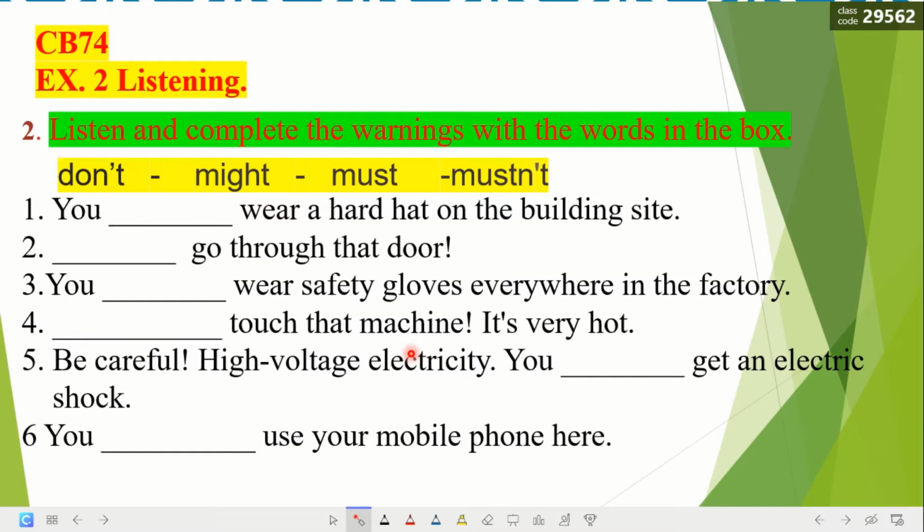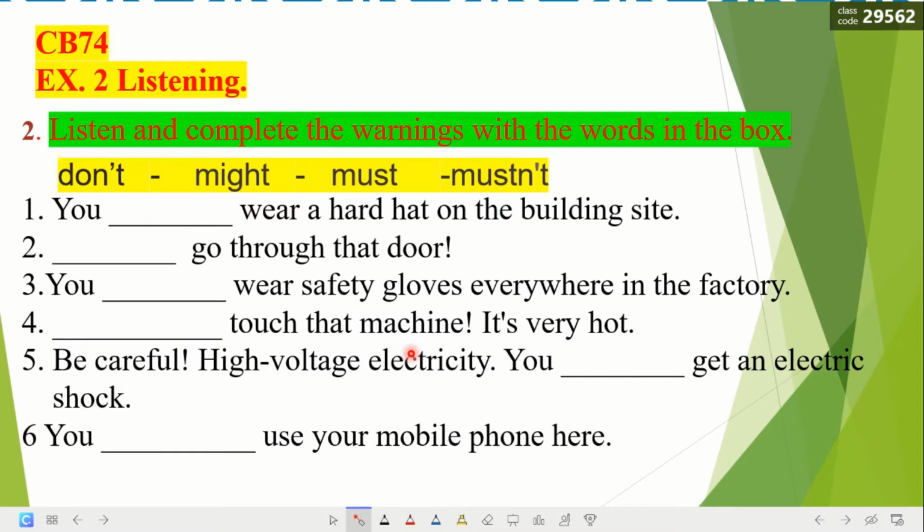Don't touch that machine. It's very hot. 5. Be careful. High voltage electricity. You might get an electric shock. 6. You mustn't use your mobile phone here.